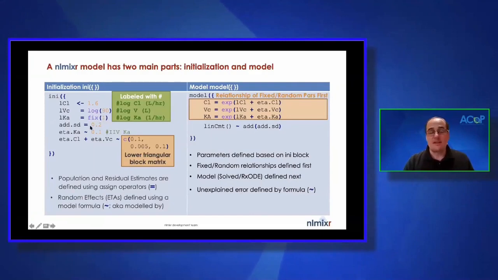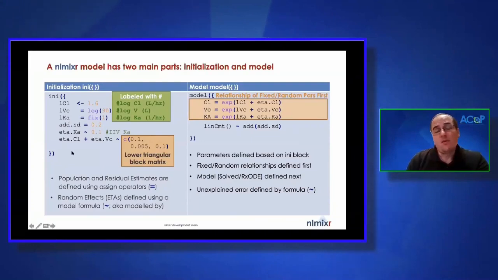We then have an initial estimate for our additive error on the standard deviation scale, as well as estimates for the variability of all the ETAs. We use the model by syntax, which is the tilde, to indicate that you're going to be modeling the variance here by 0.1.